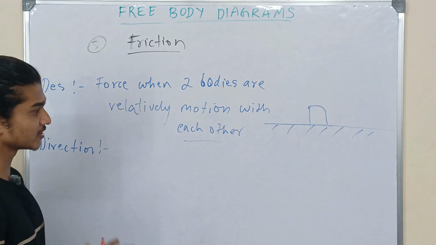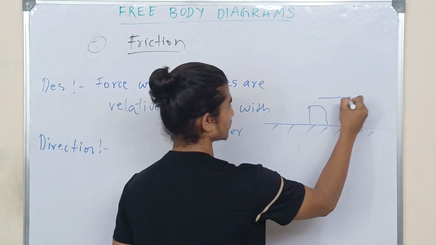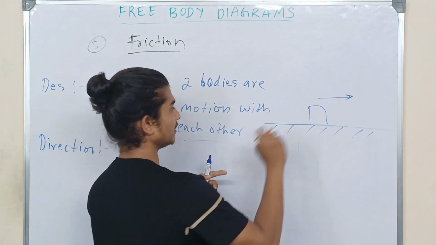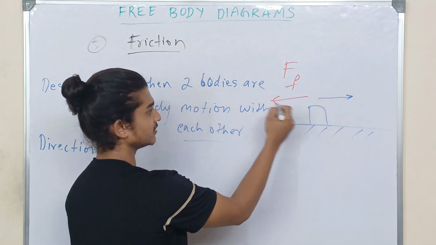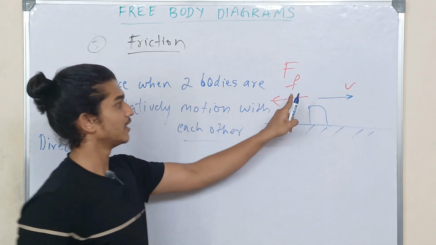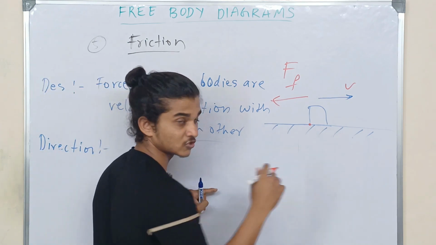So the direction of friction will be opposite to the direction of motion. Suppose the block is trying to go in this direction, the friction always tries to oppose it. So the force due to friction is in this direction. The velocity is going in this direction, and the friction will be in the opposite direction, and it will be over here because it's on the contact surface.